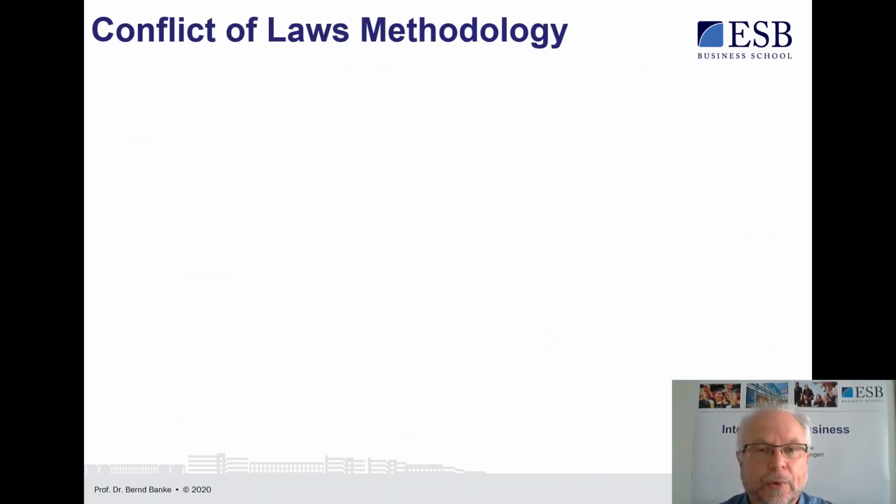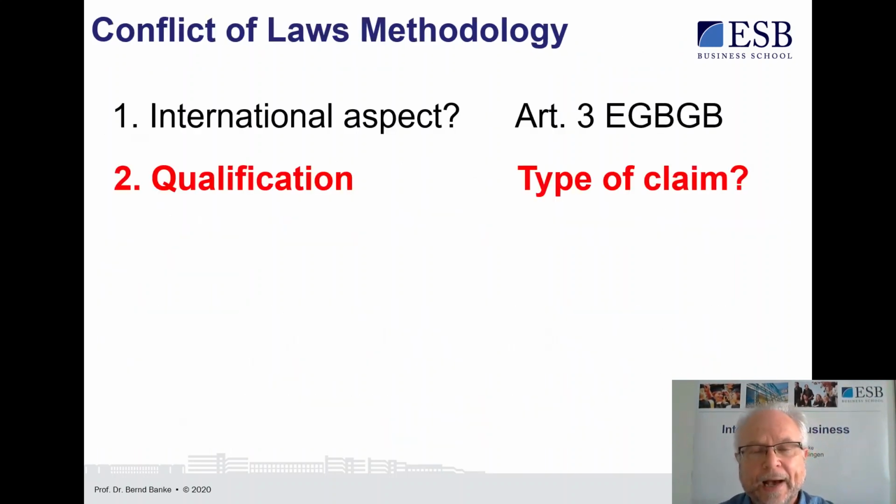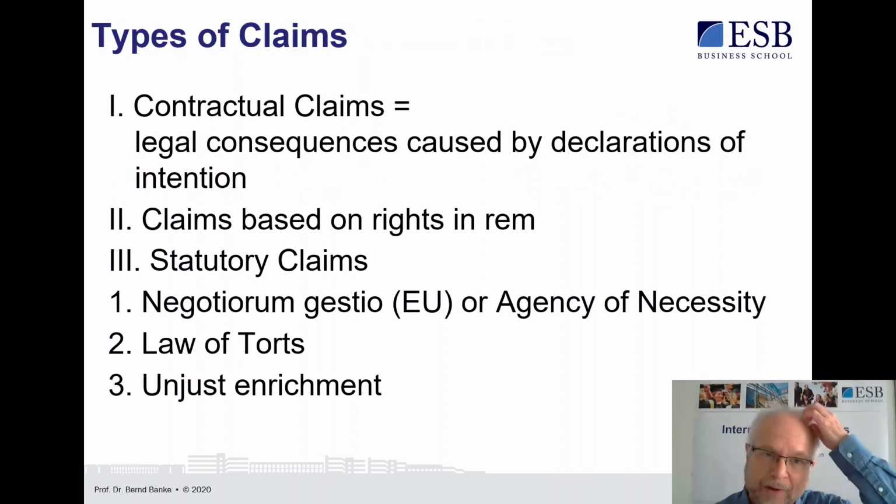All of these three have a different type of claims they're actually dealing with, and that might be good news for you, because that is something you already know. Qualification of claims only means we have to figure out which type of claim that is.